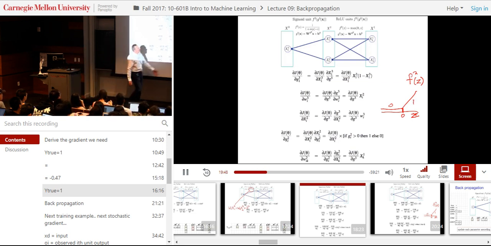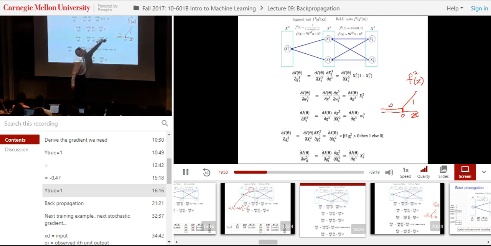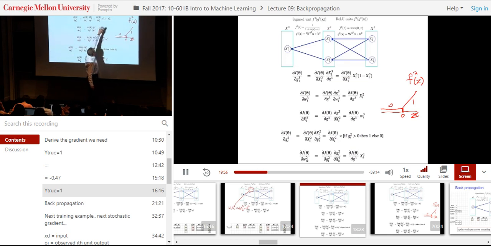Right? The derivative of f of z equals z is just 1. The derivative below 0 is just 0. So I actually have an if statement in here to calculate the derivative of j with respect to g_i.